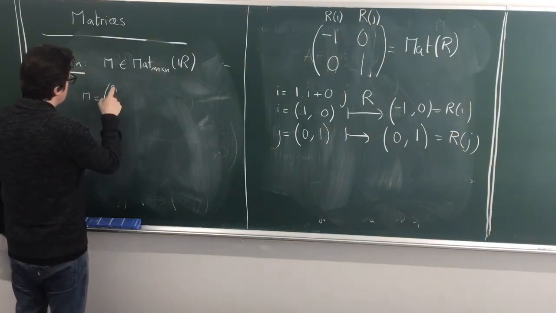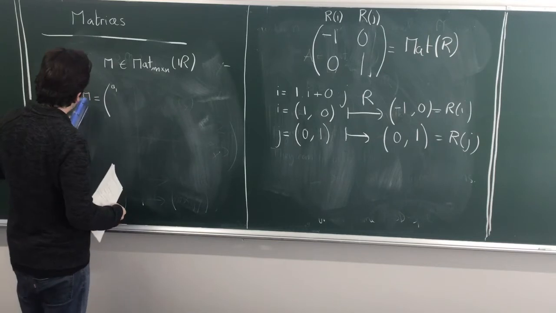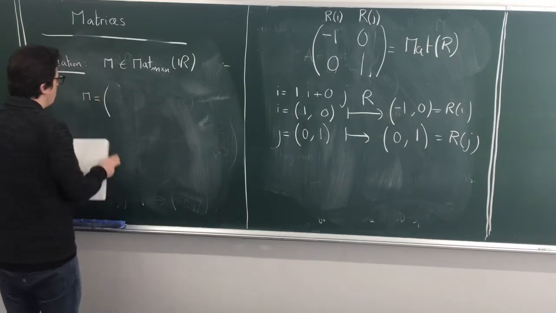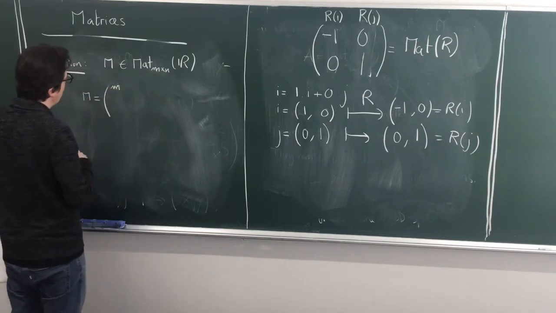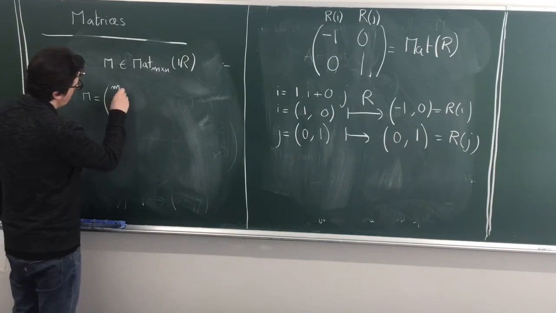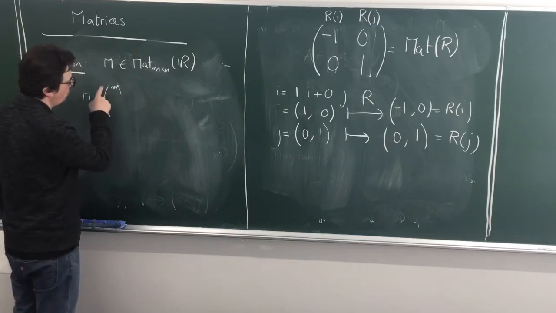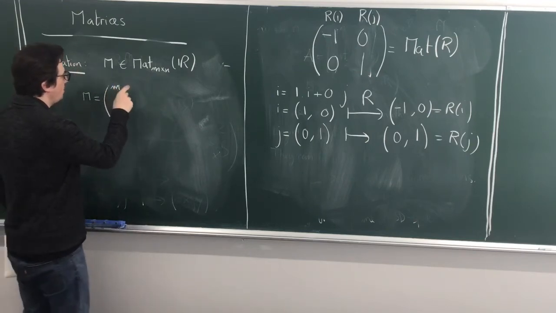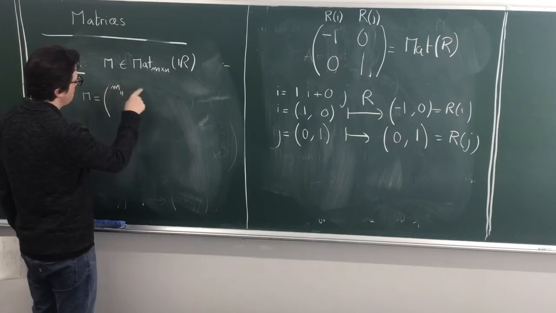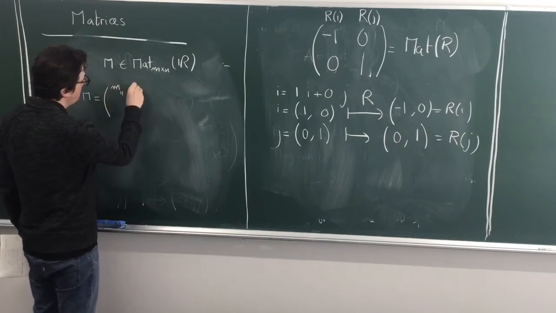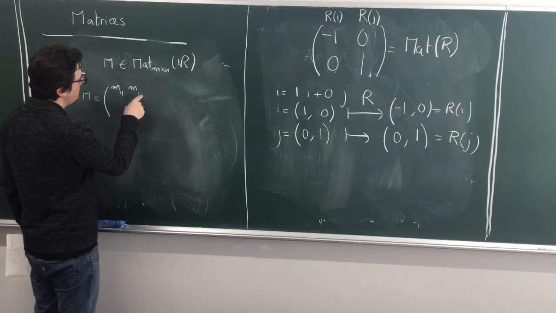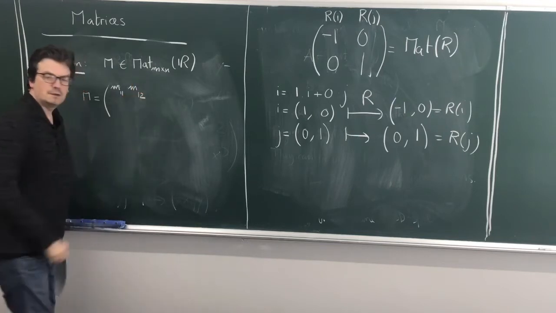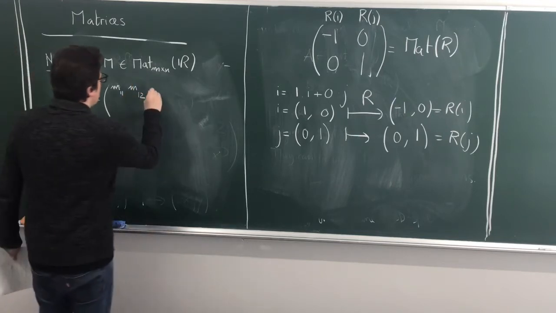The first one refers to the row number, and the second index refers to the column number. Therefore, for example, if I call the entries m, now the first index will be 1 because I'm in row 1, and the second will be column 1, so m_{1,1}. Now what is the second? I don't change the row, so it's the same row, so it will be 1, but this time the second column. Okay, so m_{1,2}. Now three dots.